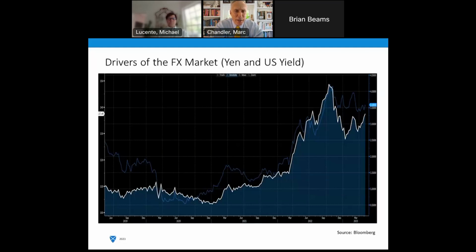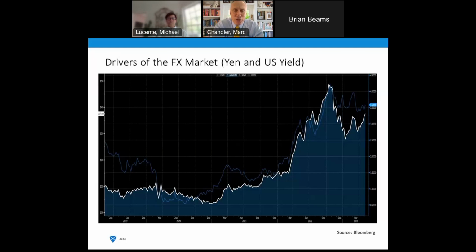One is the white line, which is the dollar-yen exchange rate, and that's how many yen there are per dollar. So right now there's about 135 yen per dollar, right? Making the yen worth a little bit less than a cent. That blue line, which if you look closely, you'll be able to see, is what I think is the key driver for the dollar-yen exchange rate: interest rates.